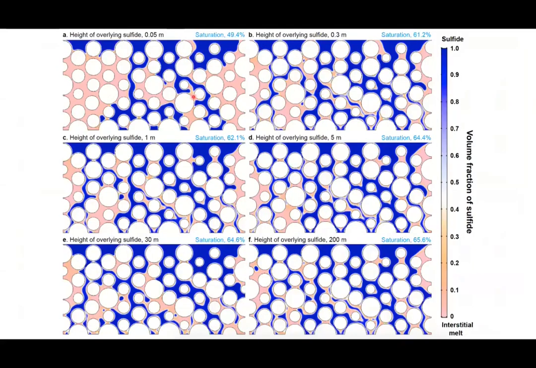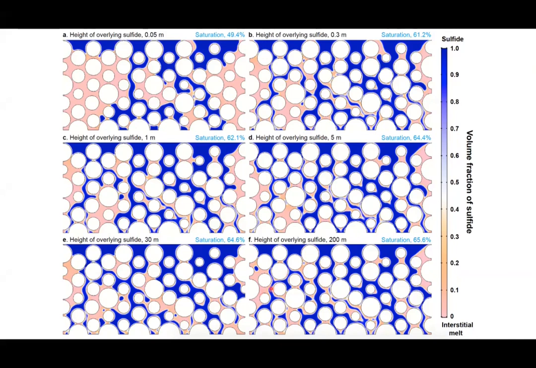And then another thing is if I increase the height of the overlying sulfide pool, and if the sulfide is very thin, it can just occupy very small regions in the intercumulate space. And even if I increase the overlying sulfide to 200 meters, the sulfide still cannot occupy all of this intercumulate space.